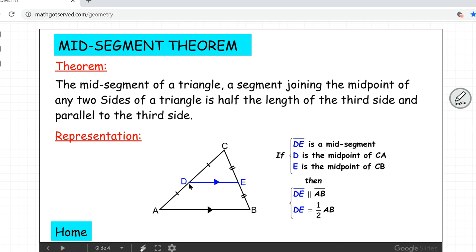So point D is a midpoint of CA and point E is a midpoint of CB. If you have a midsegment, you can arrive at two conclusions. Number one, the midsegment is parallel to the third side, and the midsegment is half as long as the third side. We're going to be using the second conclusion in solving the problems that we're working on today.